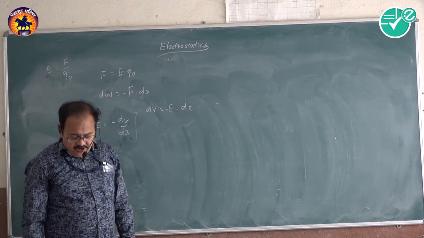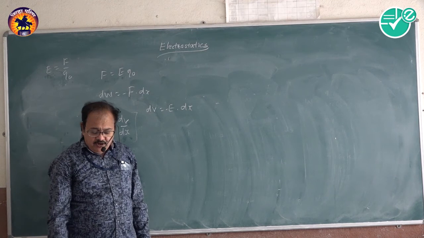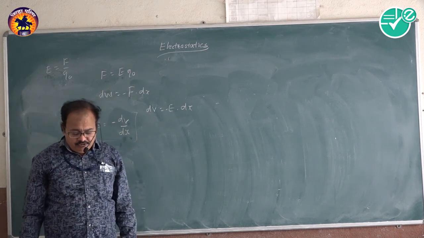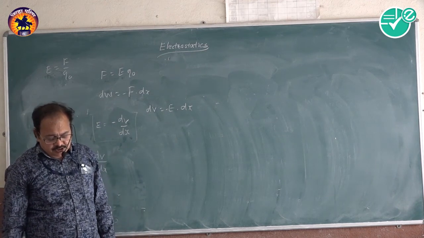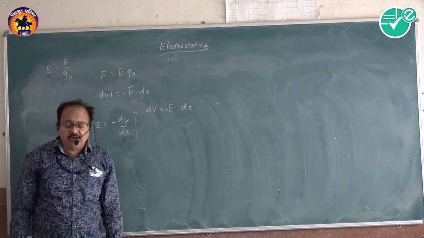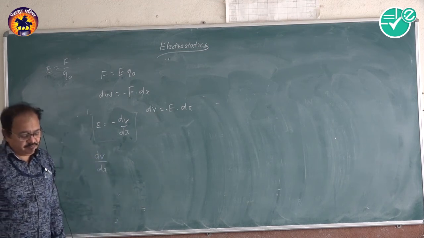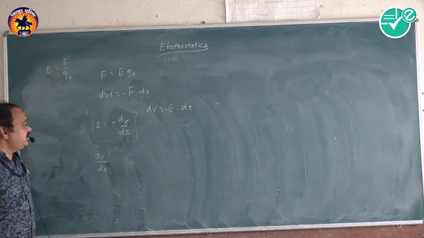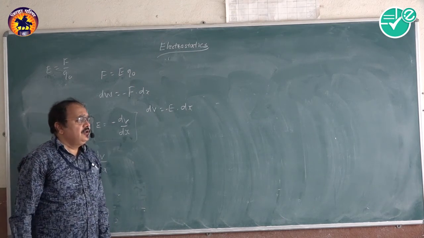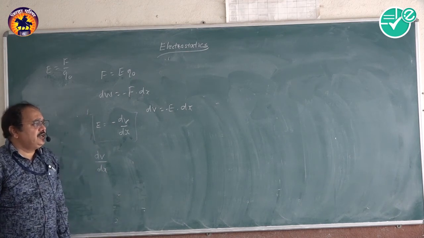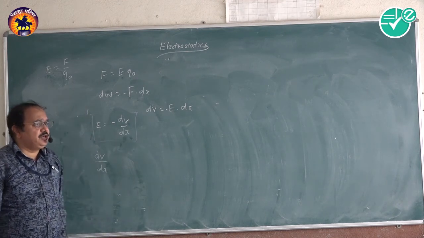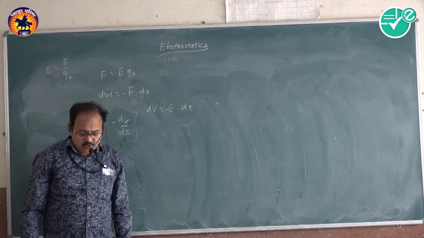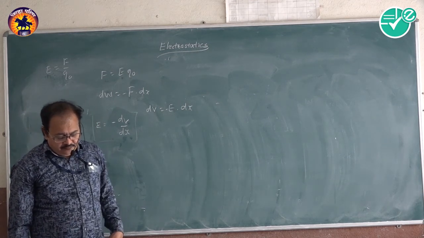The electric field intensity at a point in the electric field is equal to the negative rate of change of potential with respect to distance, measured in the direction of electric intensity. Therefore, from this equation, we say it is the negative rate of change of electric potential with respect to displacement or distance.